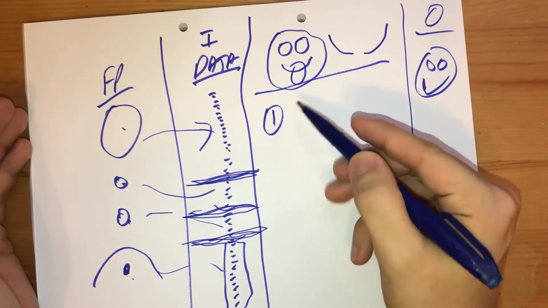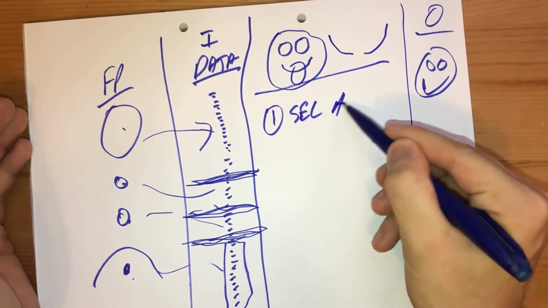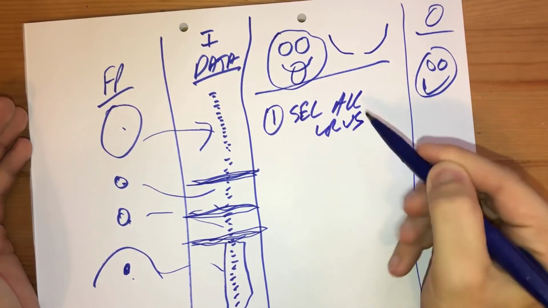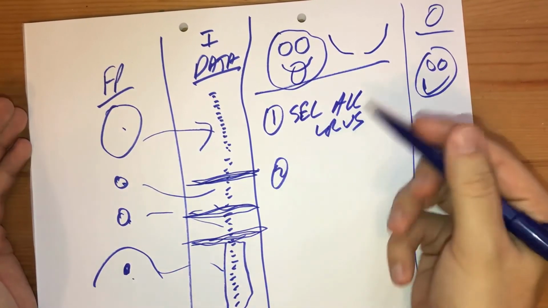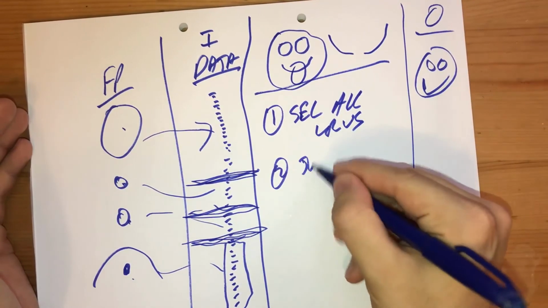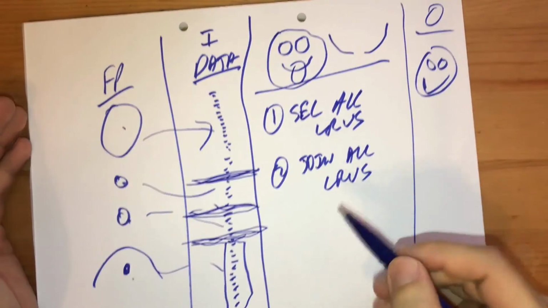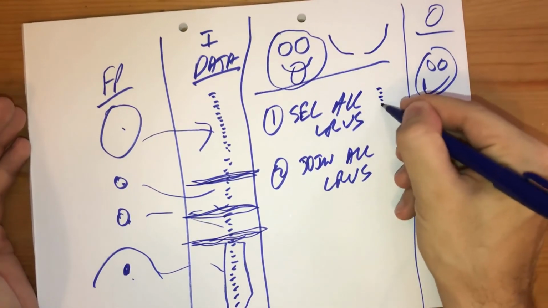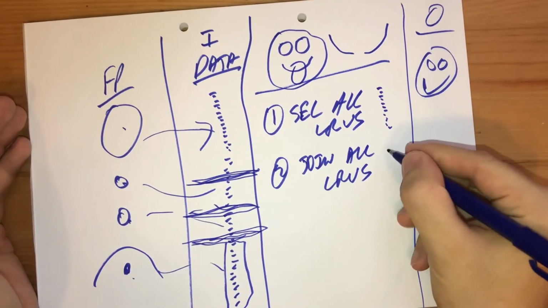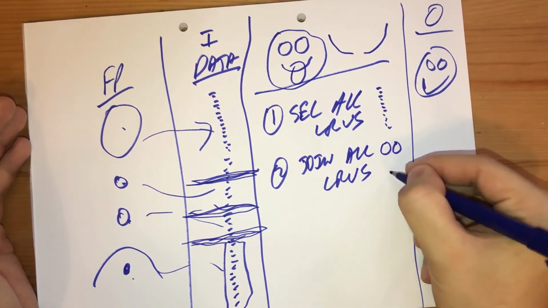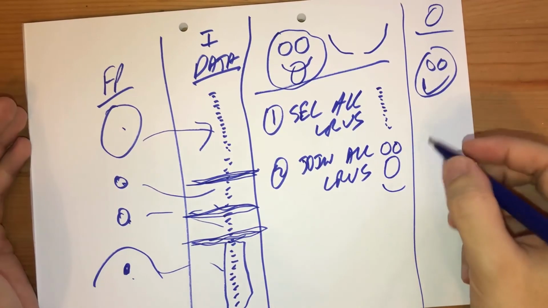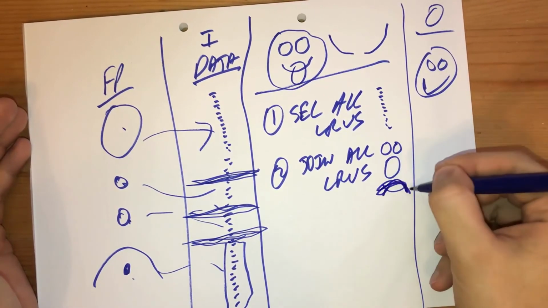So let's say the algorithm is, first, select all curves, and then number 2 is join all curves. Yeah? And then hopefully what we'll have is, instead of having this guy, we'll have this guy, this guy, this guy, this guy. Again, drawing it in a way that the computer would see.